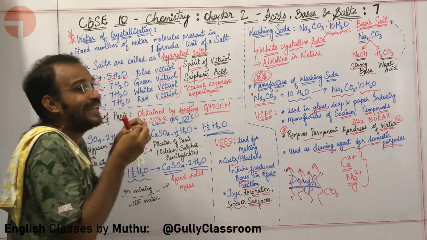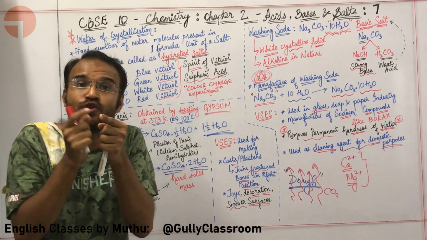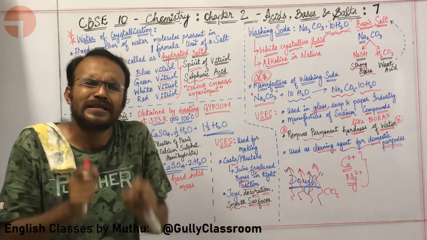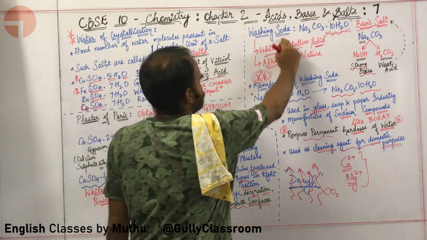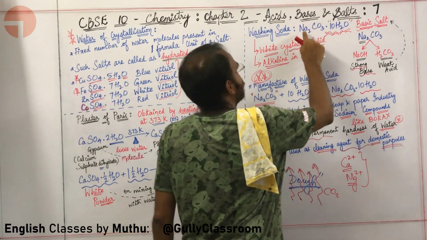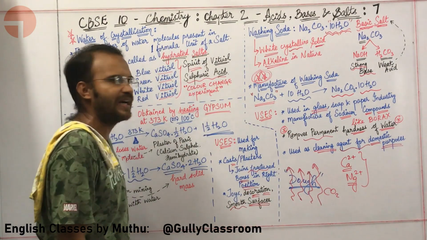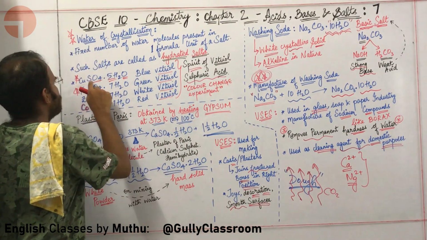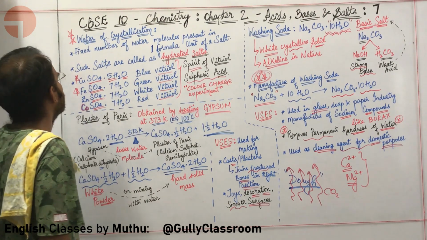So, how many water molecules do each and every molecule of salt hold on to? Some specific number. For example, here in washing soda, we saw that each and every molecule of Na2CO3 sodium carbonate holds on to 10 molecules of water. Similarly, CuSO4 copper sulfate holds on to 5 water molecules.